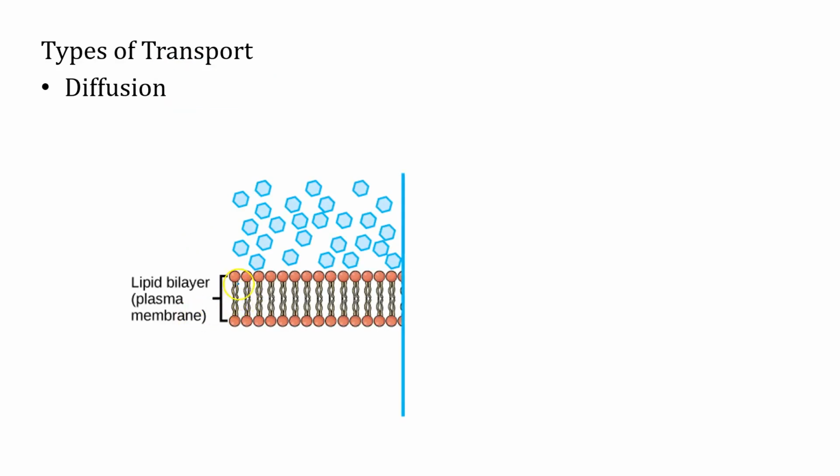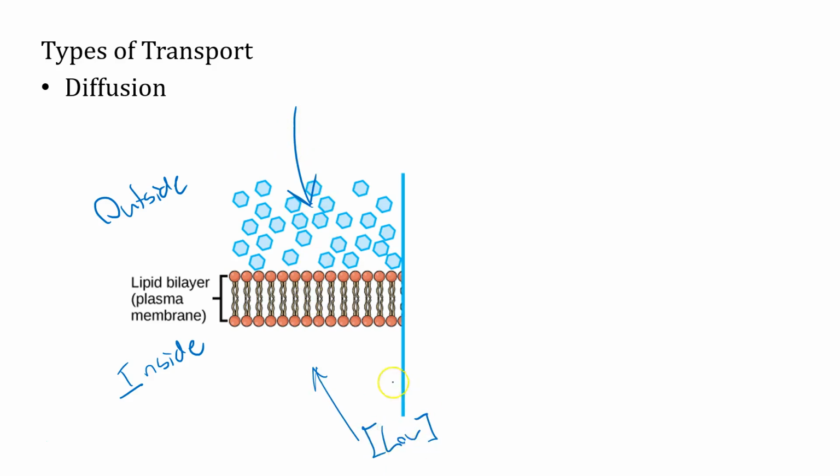So here's an example of what that might look like for membrane transport. Let's say that this is the outside of the cell, and this is the inside of the cell. And here is some substance, and here's our plasma membrane. Well, right here, there's a lot of particles in a given amount of space, and there's none here. So this is a very low concentration because there are no particles there.